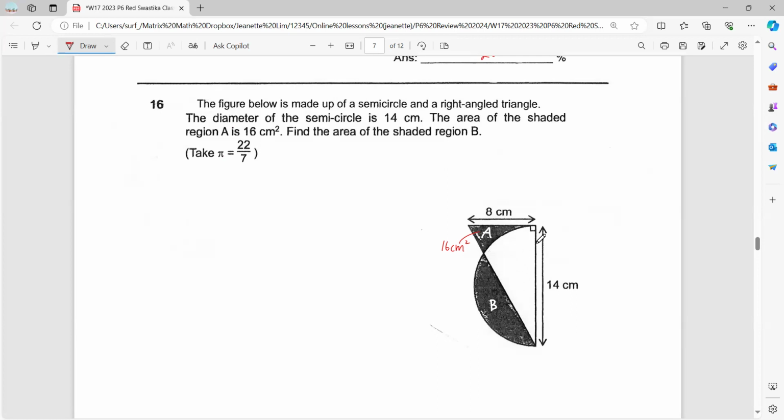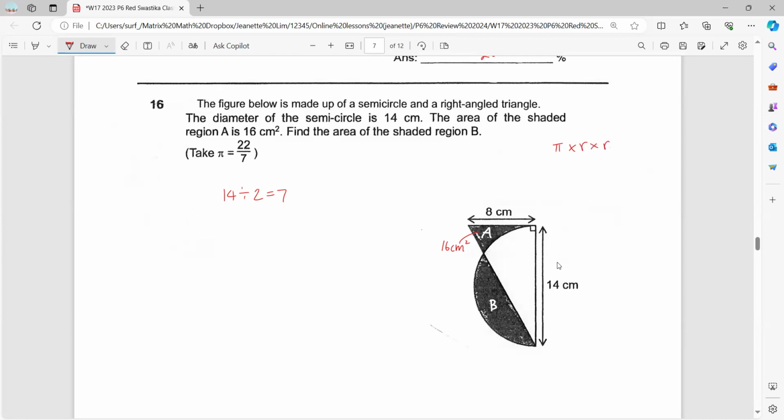Semicircle, radius is 7, so 14 divided by 2. Why are we using radius? Because the formula of an area of circle is pi times radius times radius.